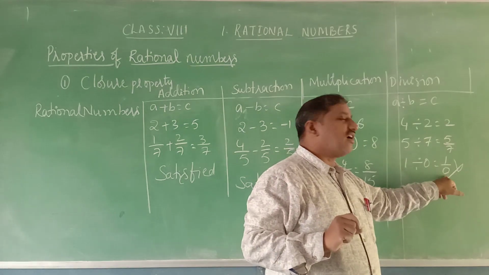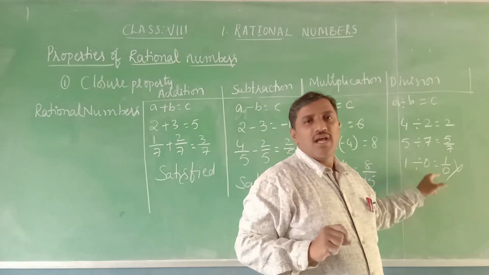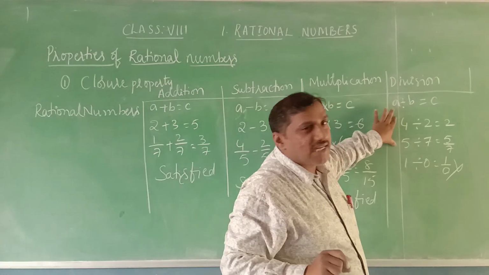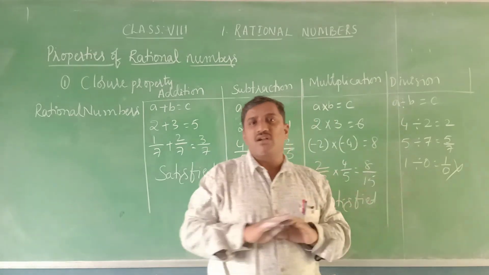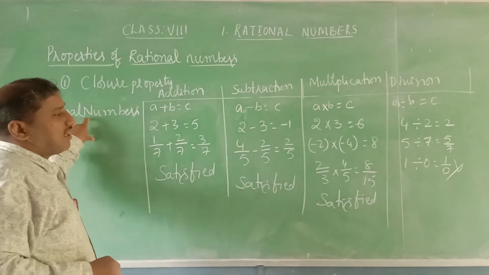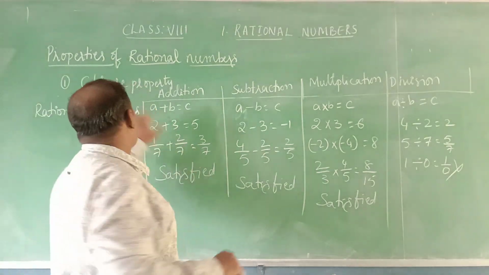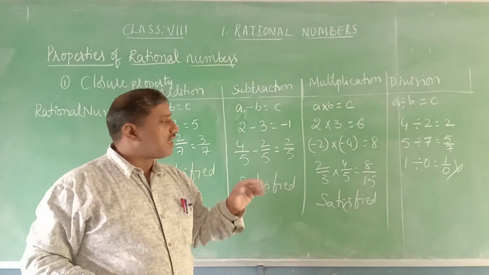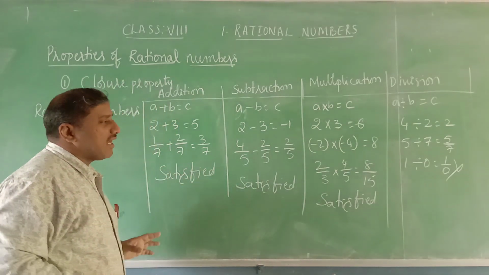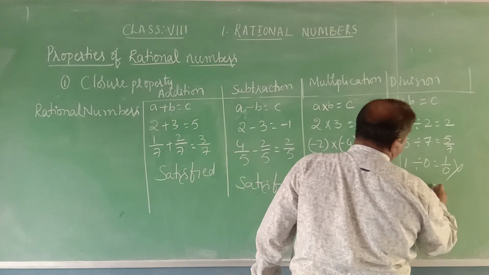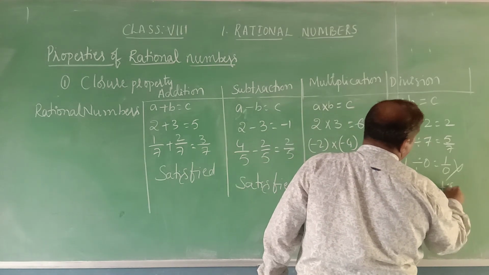But here q is 0. Therefore, this is not a rational number. For these two examples it is satisfied and for this example it is not. Therefore, rational numbers do not satisfy closure property under division.